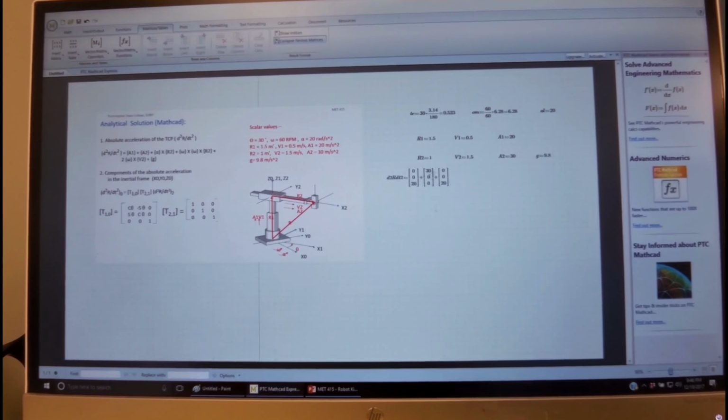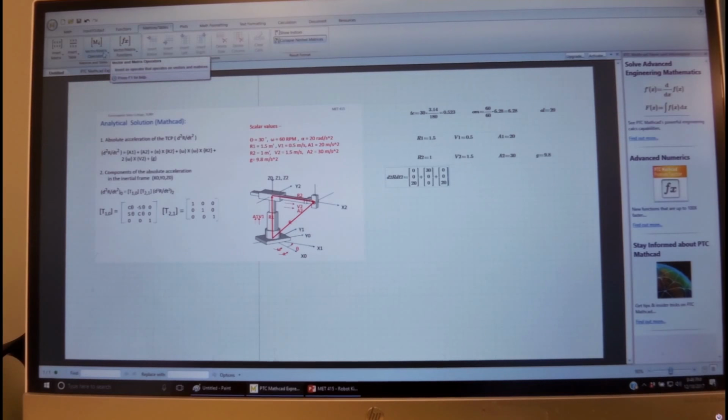And we have to cross it, so we go over here to matrix algebra operation, and we have a cross, and we have another vector, which is R. R is going in the y direction. No, I'm sorry, in the x direction. So R2 here is 1, 0, 0.